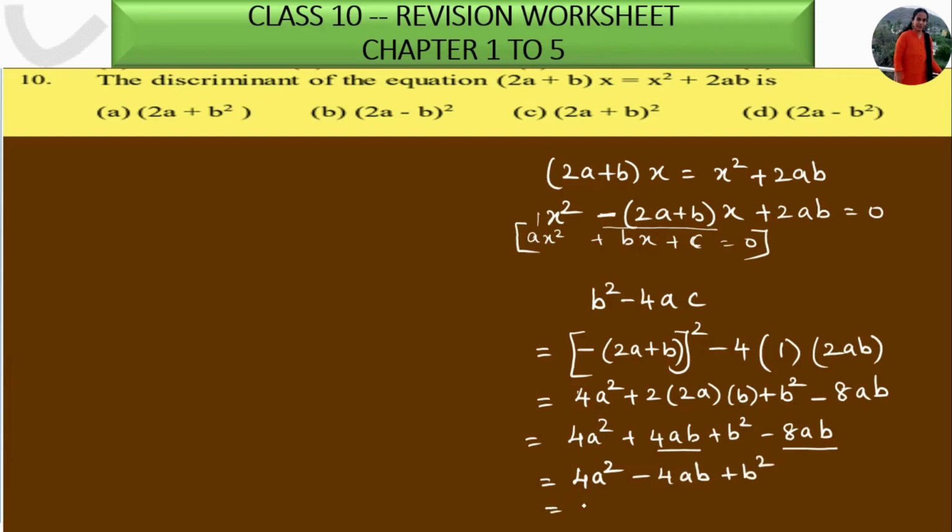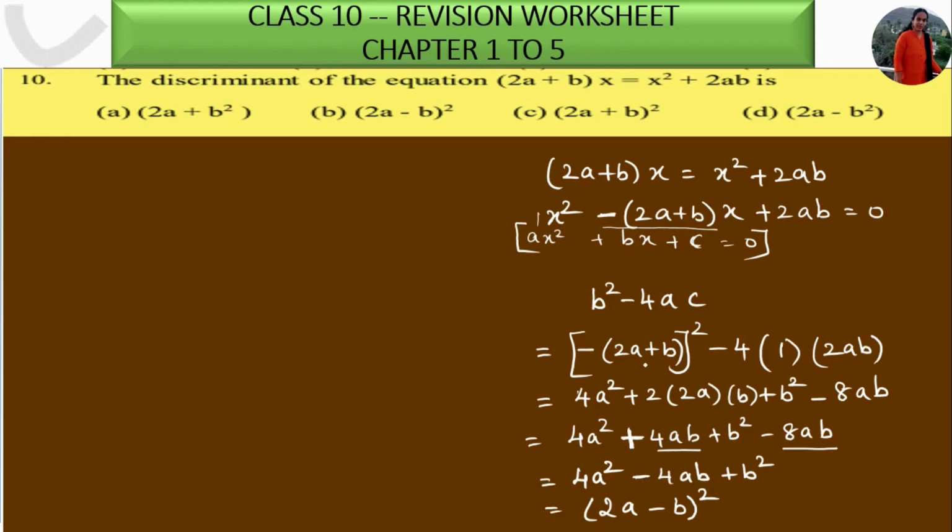So this is nothing but, not 4a, 2a minus b whole square, because this is (2a) whole square plus b square. So we will get (2a minus b) whole square. Just to check, (2a plus b) whole square is 4a square plus 4ab plus b square. So what we are getting is just a change in sign: plus 4ab becomes minus 4ab.